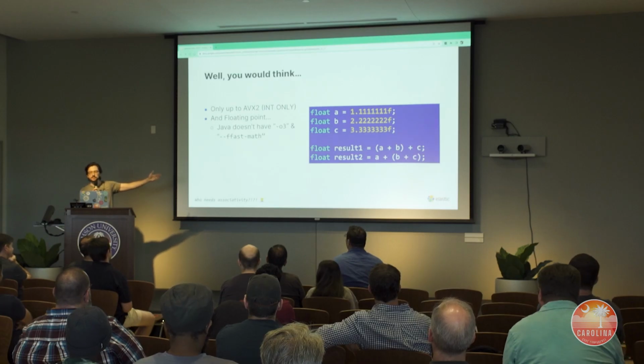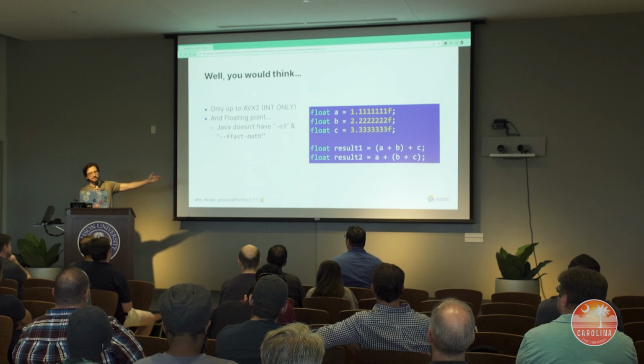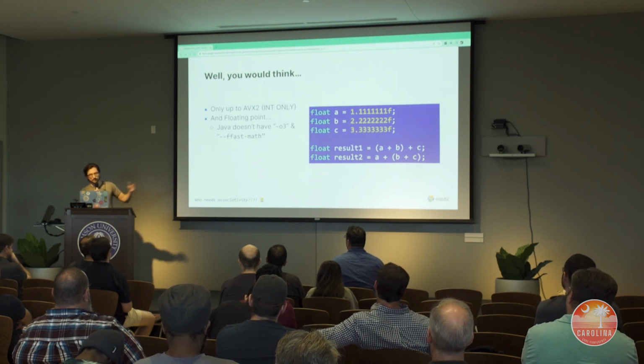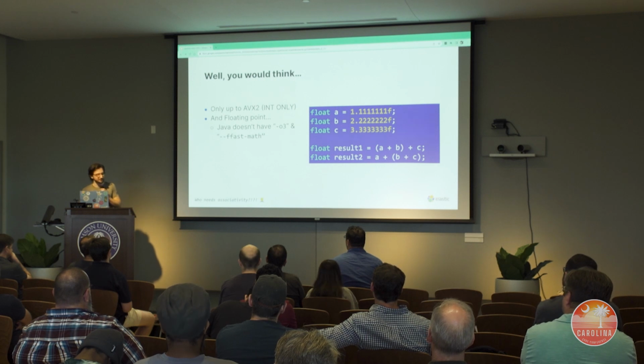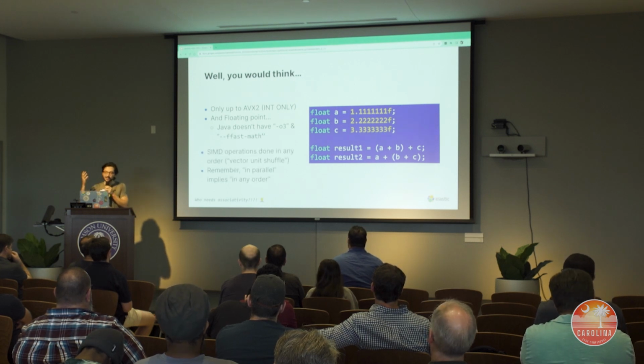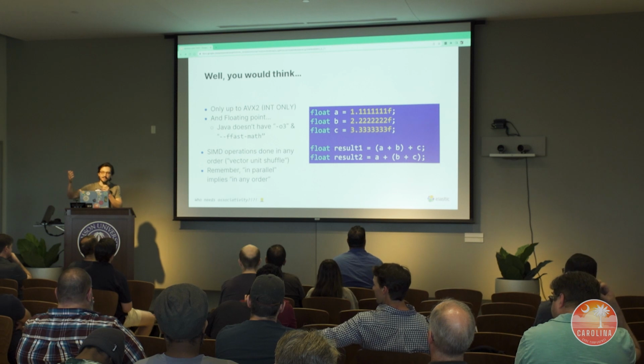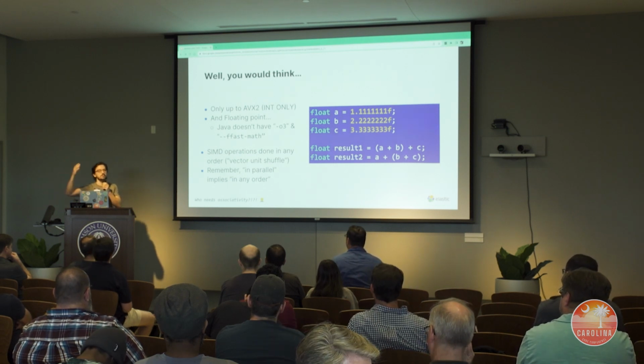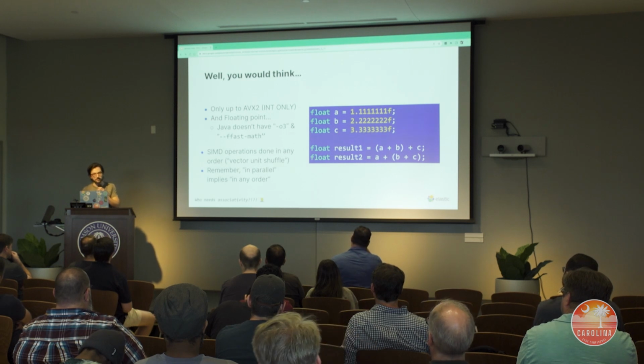It is not associative in floating point math. That means how you do things and in what order will give you different answers. That may surprise you. But the key here is that the JVM wants to be correct and consistent, which means that it will not auto-vectorize or auto-SIMD floating point operations.